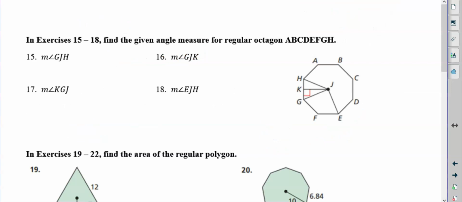All right. One more work here to be done. So we have this octagon, A, B, C, D, E, F, G, H. And we're trying to find some angles here. So GJH, that is this angle right here.